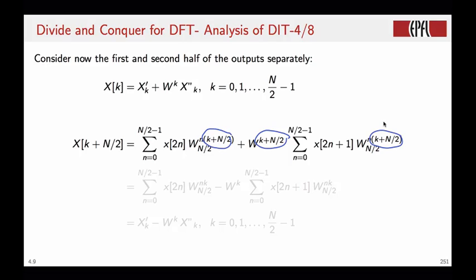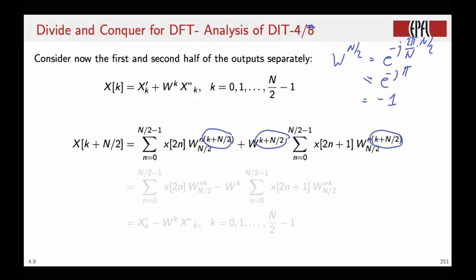Okay. Now, we remember that W_N^{N/2} is e^{-j2π/N · N/2}. This is equal to e^{-jπ}, which is equal to minus 1. Okay?